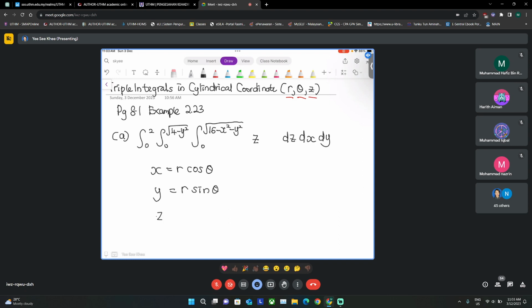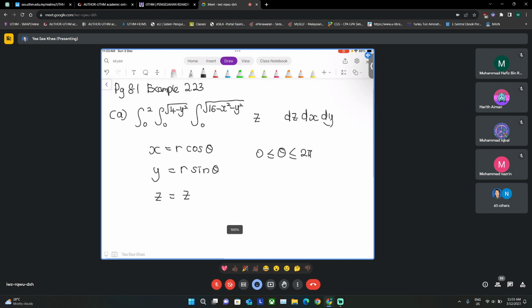And the z remains the same, because in the cylindrical coordinate you have coordinate z as well. The angle theta will range from 0 to 2 pi, this is 360 degrees.